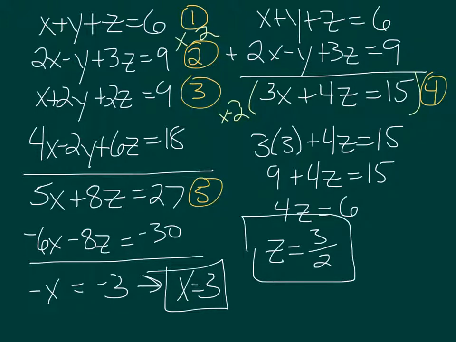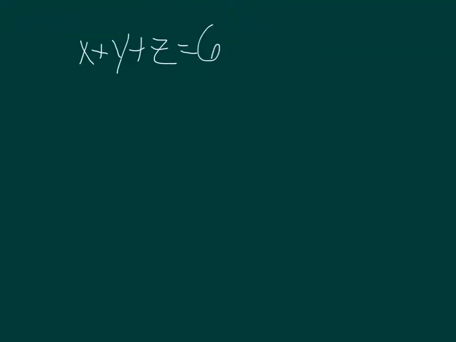So now we're going to take these two solutions and plug them into either of the first three equations. I'm just going to pick the first one, and again, it doesn't matter. Plug in x as 3 and z as 3/2, and find out what y is. So again, x is 3, plus y, plus 3/2, and that equals 6.